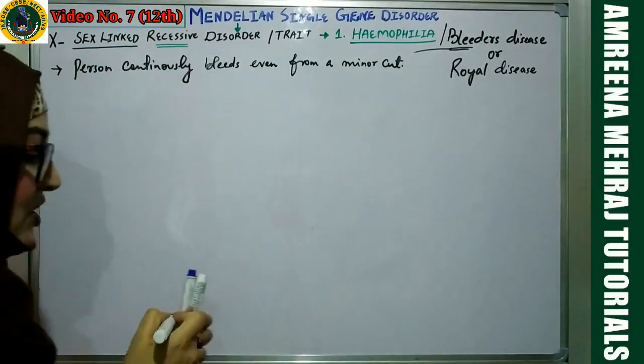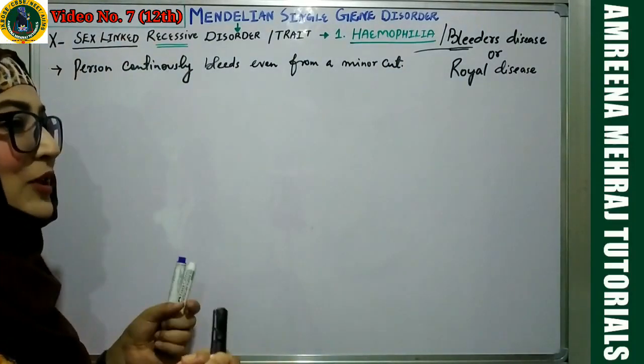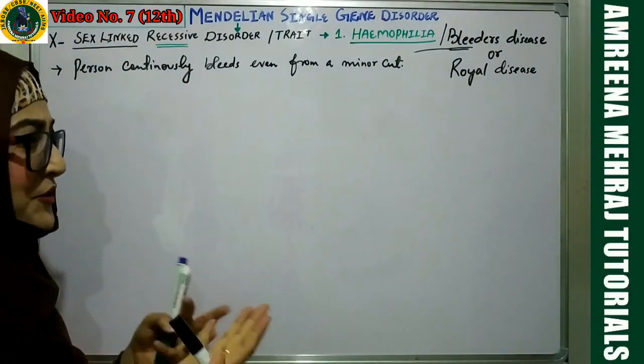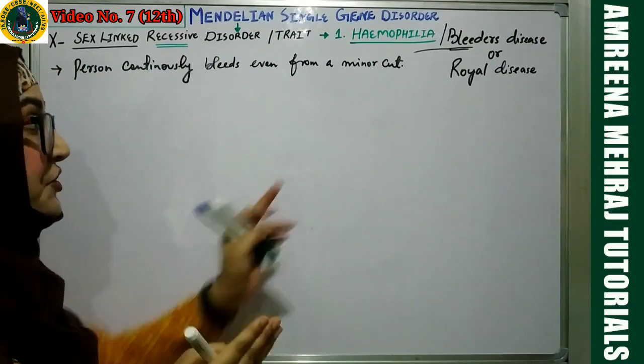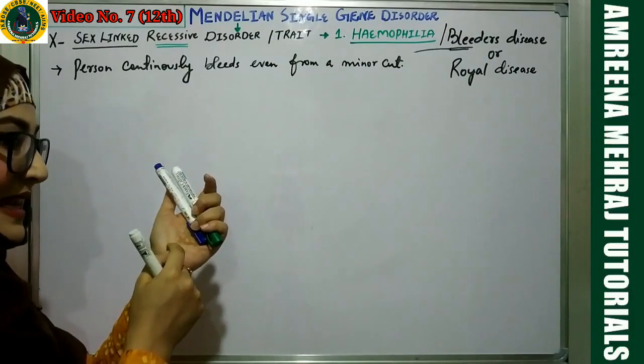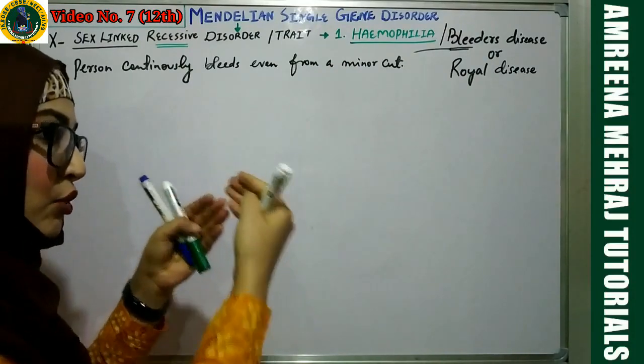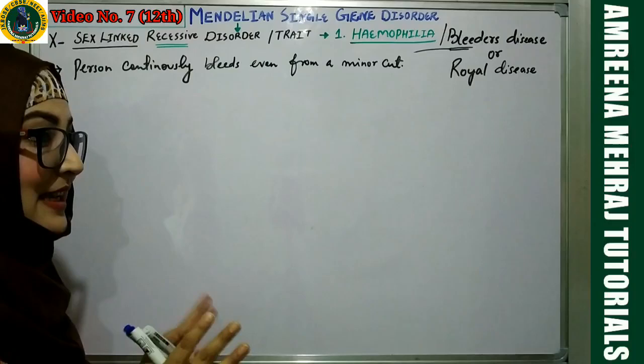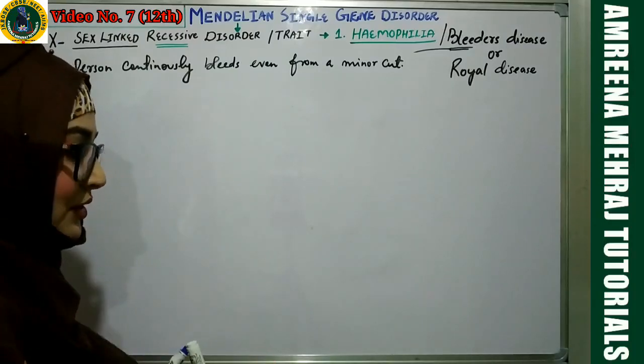Just a minor cut, just a slight cut. We experience slight cuts on the body, abrasions and bruises, but they are very dangerous to a person who is suffering from hemophilia. Because if he or she has a slight cut on the body, they will keep on bleeding. Till death, they can bleed. That could be the condition.